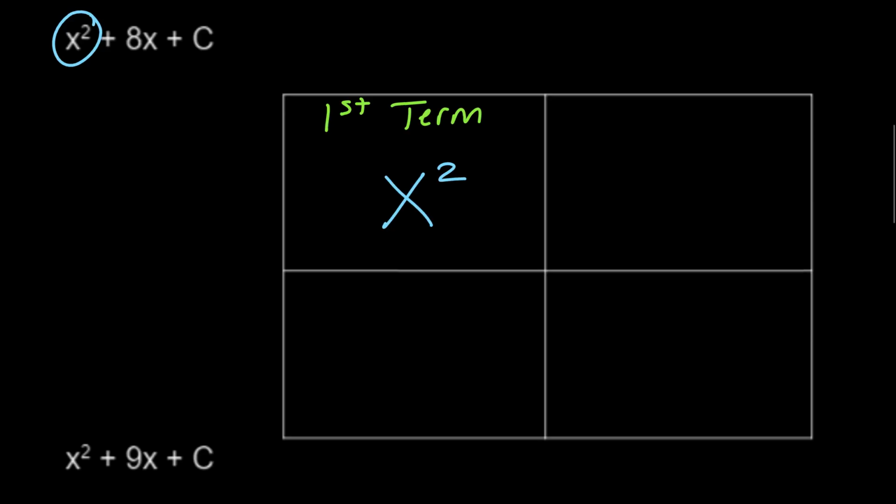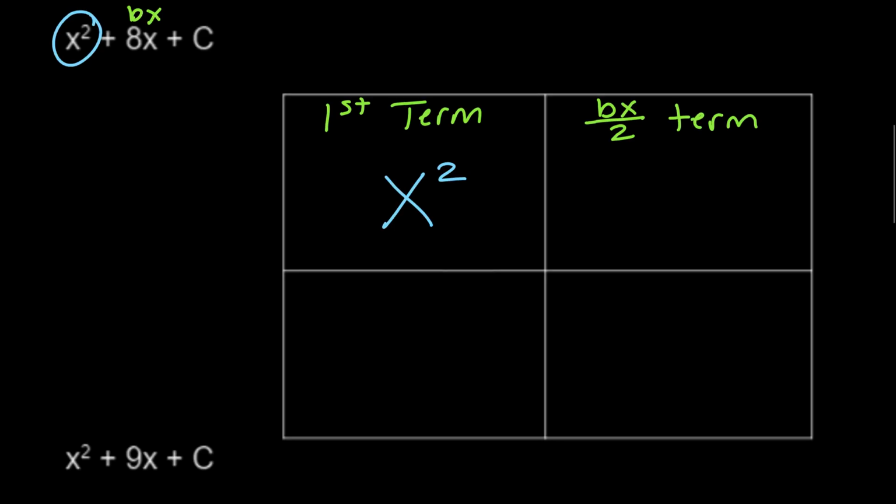And then in this box is where we put our bx divided by 2 term. So in this quadratic, which one is our b? Yeah, the 8. So this bx, how can we divide it by 2?